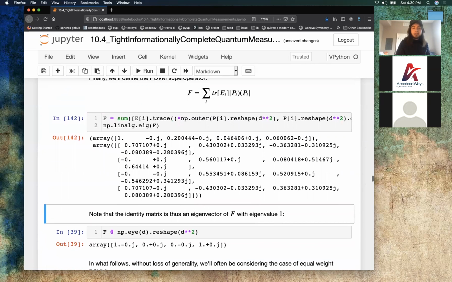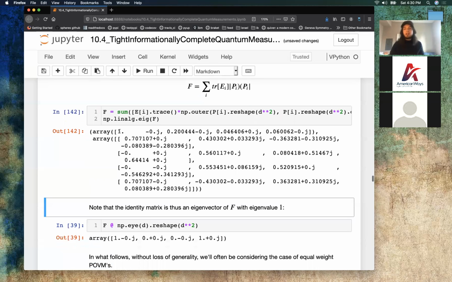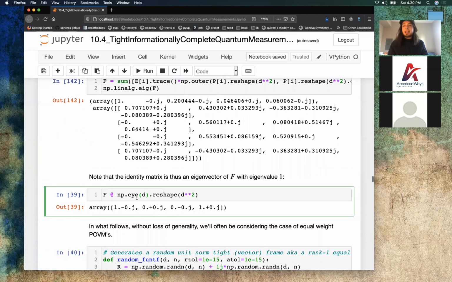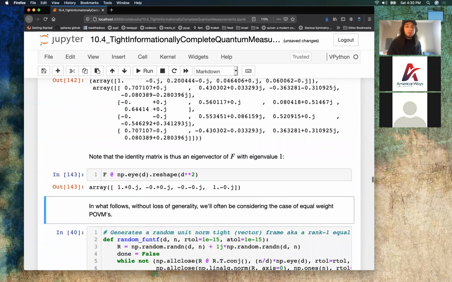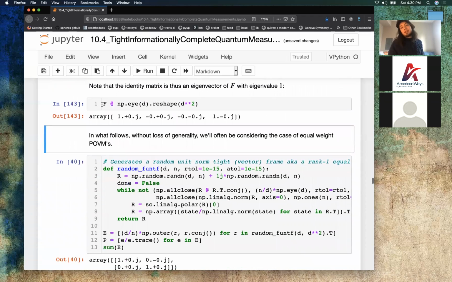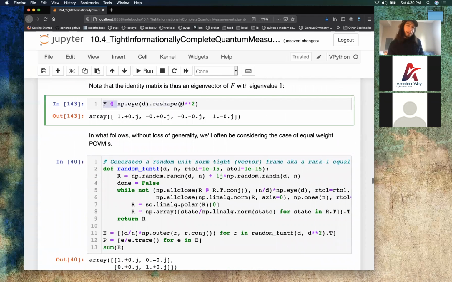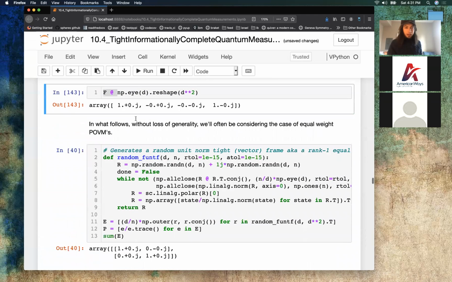Well, if we look at the eigenvalues and eigenvectors of F, we'll see that it has the vectorized version of the identity matrix as an eigenvector with eigenvalue 1. So that's how we normalize things. Here, F acting on the vectorized identity leaves it exactly the same.